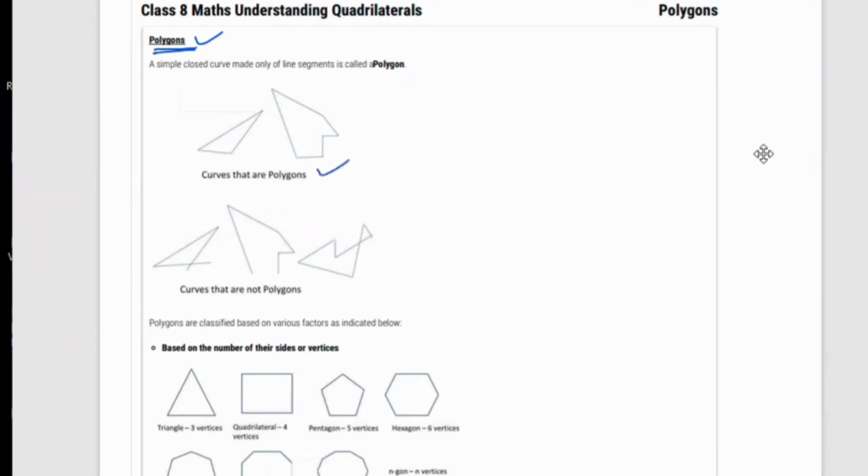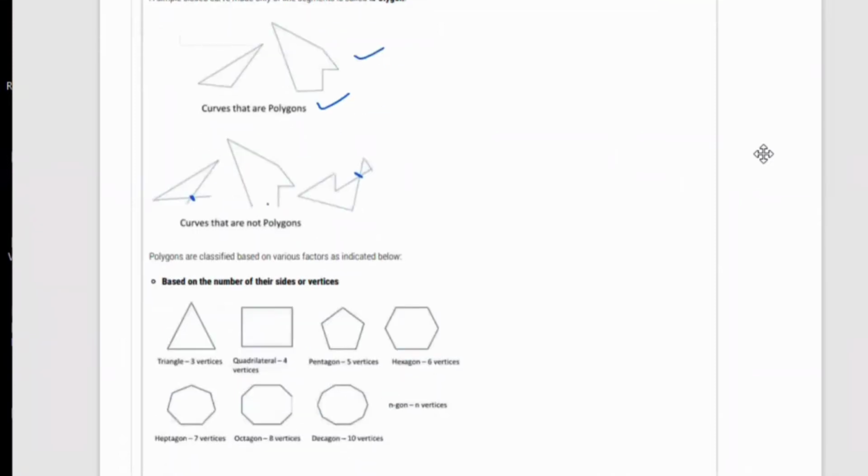See, curves that are not polygons, because these are not simple closed. These are not simple; see, it intersected at one point, and this one is not closed. This is also not a simple curve because it intersected at one point. So these are not polygons. These are polygons.